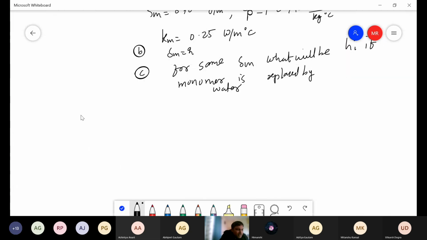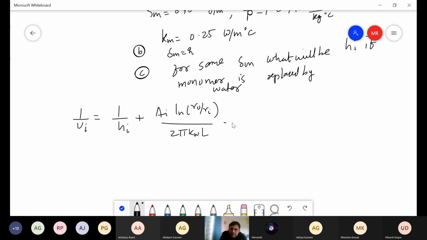Overall heat transfer coefficient, 1 by Ui, if I represent in terms of the inside surface area, can be written as 1 by Hi plus Ai ln(Ro by Ri) divided by 2 pi Kw L, plus Ai by Ao times 1 upon Ho.